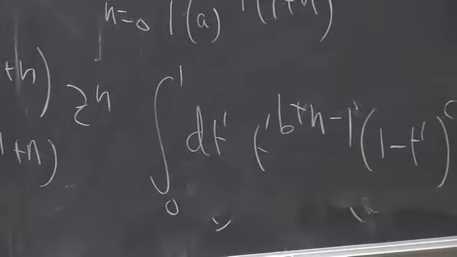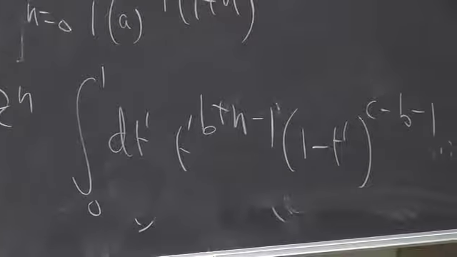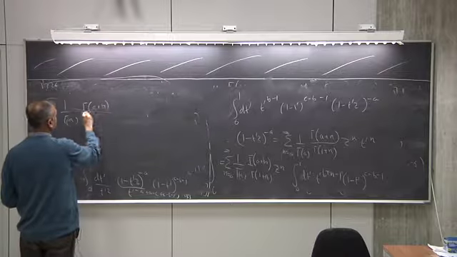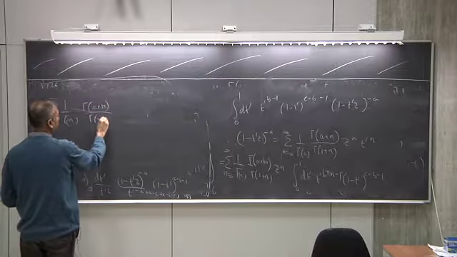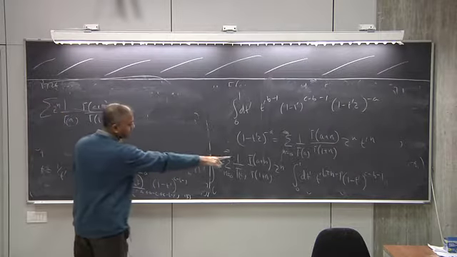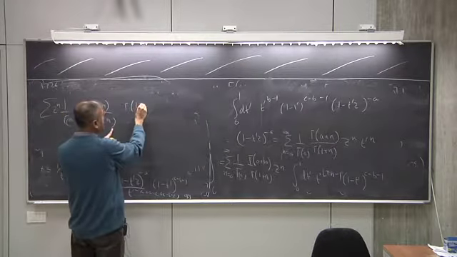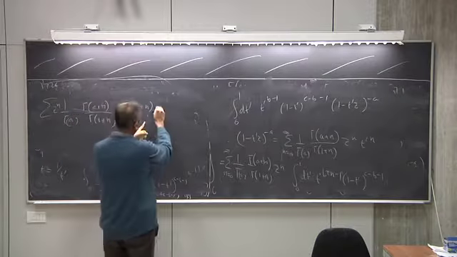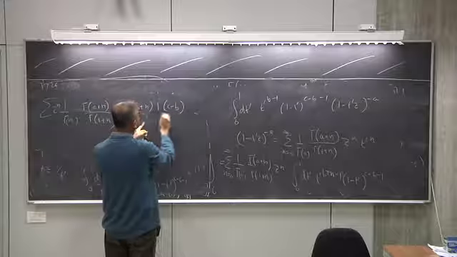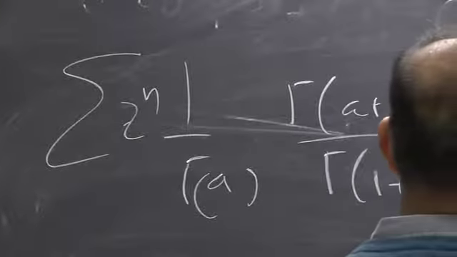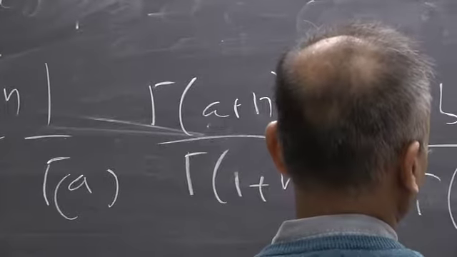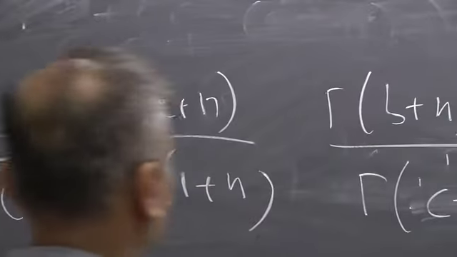So the full thing is 1 over gamma a, gamma a plus n over gamma 1 plus n, z to the n is there. And then the result of that integral is gamma of b plus n, gamma of c minus b divided by gamma of the sum of these two. b plus n plus c minus b, the b cancels, so gamma of c plus n. That's what we have.